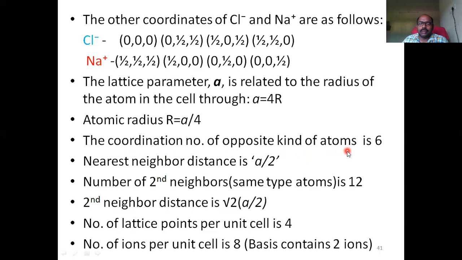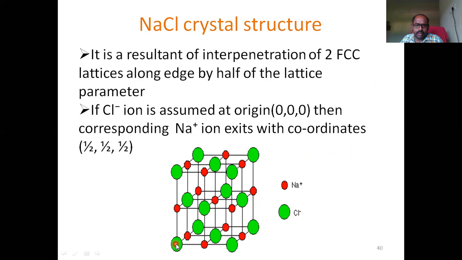The nearest neighbor is this one. If we take any one lattice point as reference, the nearest one is along the side edge, in the middle of the edge.